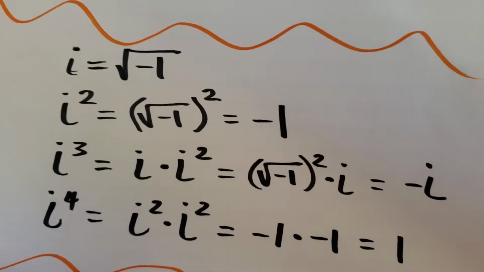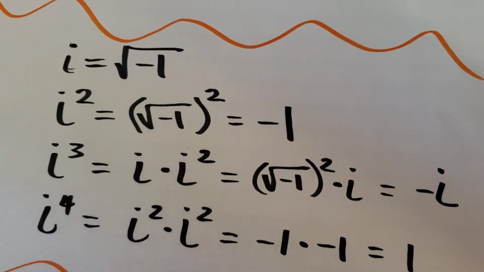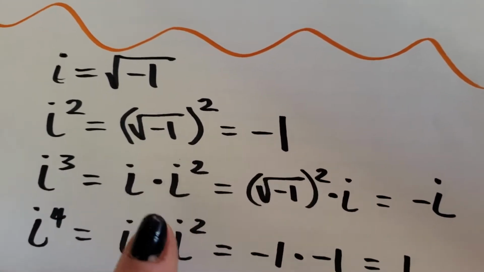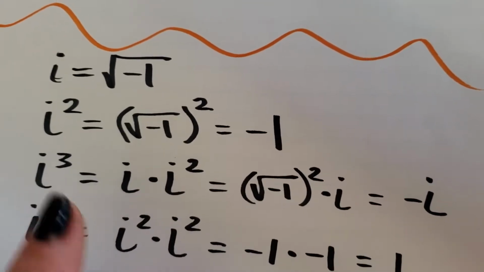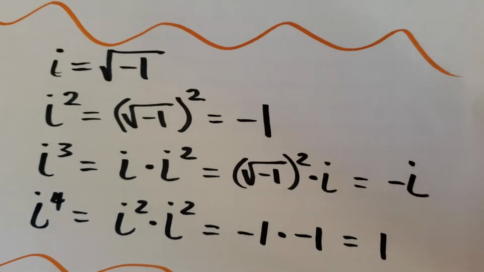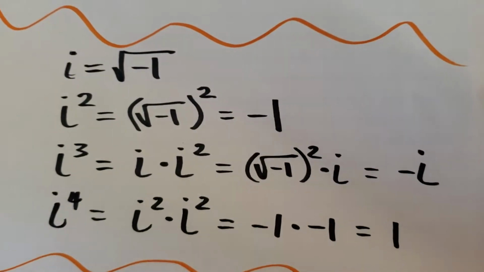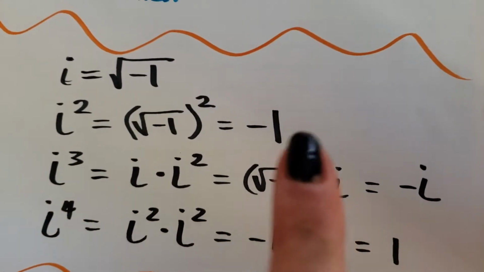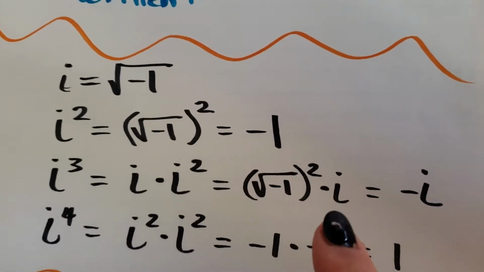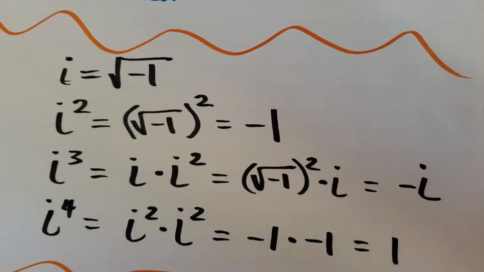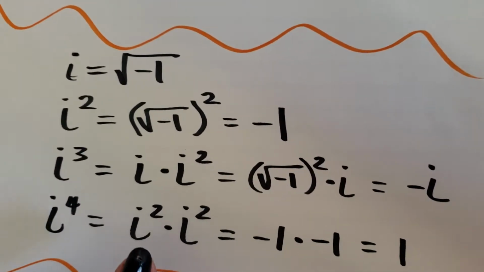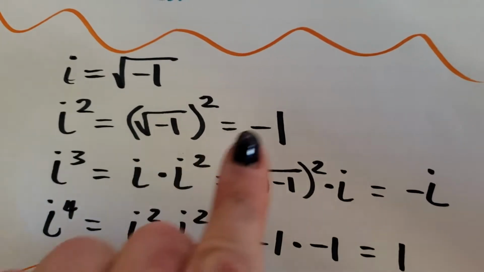Then we go on to i cubed, so i to the third power. If we want to break down some of our rules, we can use i squared times i, and that would get us i to the third power. Of course, I am using exponent rules as well, so you should know your exponent rules. I can't review those right now, but here again is proof that i to the third comes out to be -i. And therefore, i to the fourth, using exponent rules, is i squared times i squared, and i squared is -1.